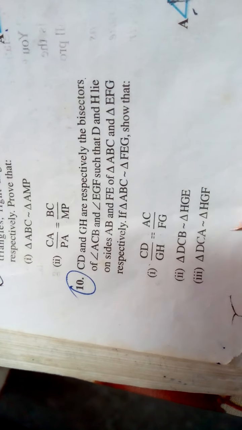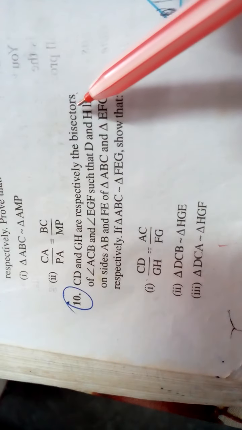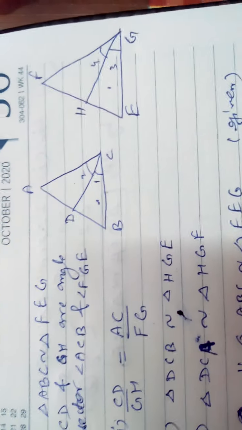Question number 10 has no figure, but you want to draw. There are two figures, ABC and FEG, two triangles are similar. You want to prove these two, where CD and GH are angle bisectors. Draw the figure according to the given condition.